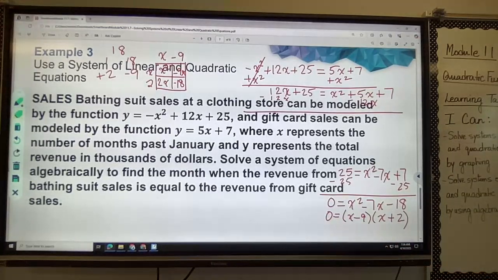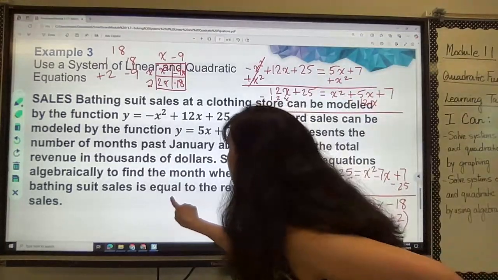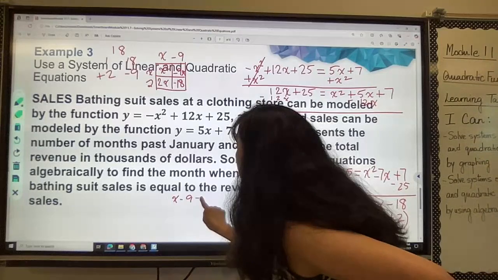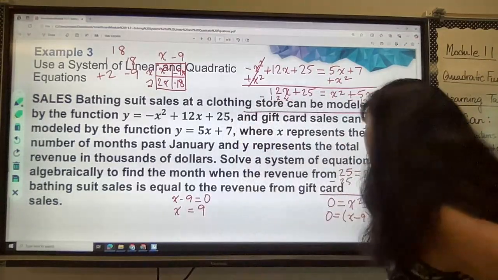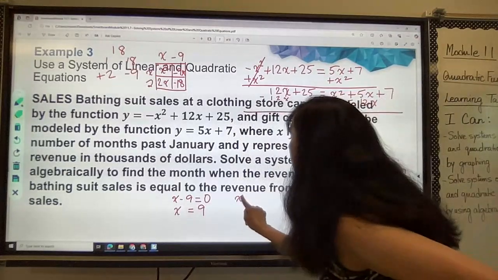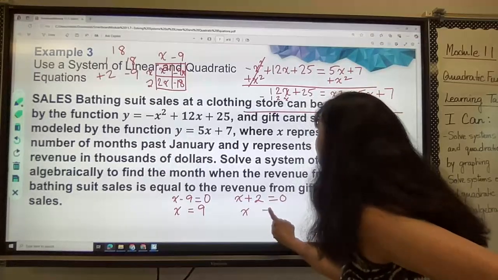Okay, these are my factors. I'm going to use the zero product property, and I'm going to say x minus 9 is equal to 0, so x is equal to 9. And the other one, I'm going to do x plus 2 is equal to 0, so x is equal to negative 2.